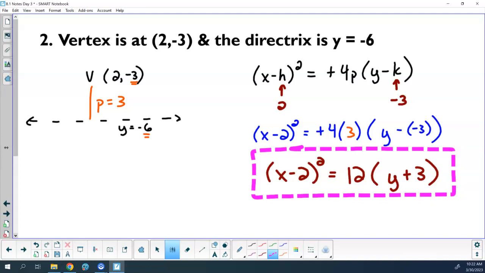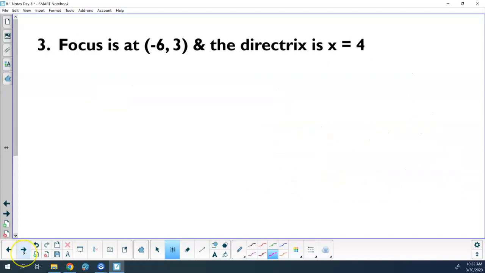Okay? Try that one. So we got the focus over here. And we got my directrix over there.